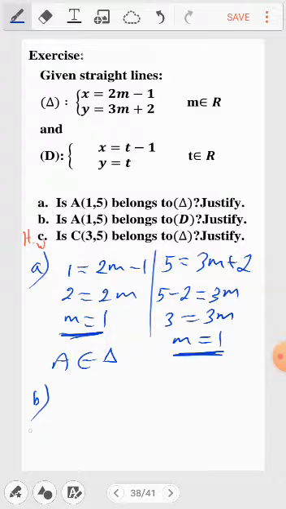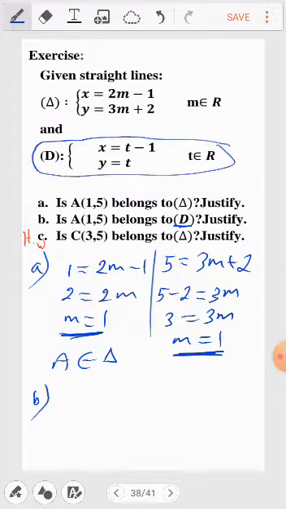Part B. Does A(1,5) belong to D, now to D in this straight line? Now in this straight line, is this point on this straight line or not? Justify. So replace 1 instead of x, 1 equal t minus 1, then t equal 2.